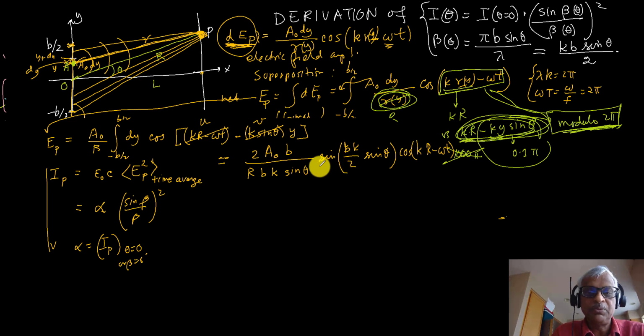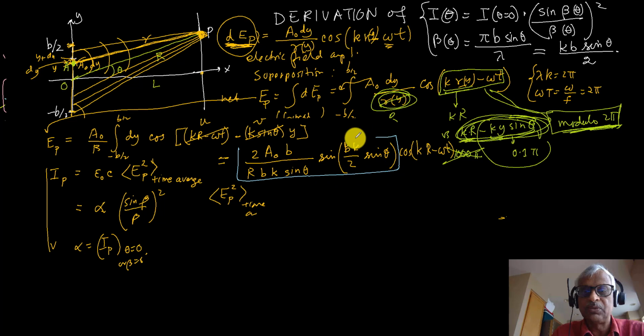Now when you put in here E_P square time average, these factors here do not have time dependence, so call that beta, then this whole thing becomes beta.